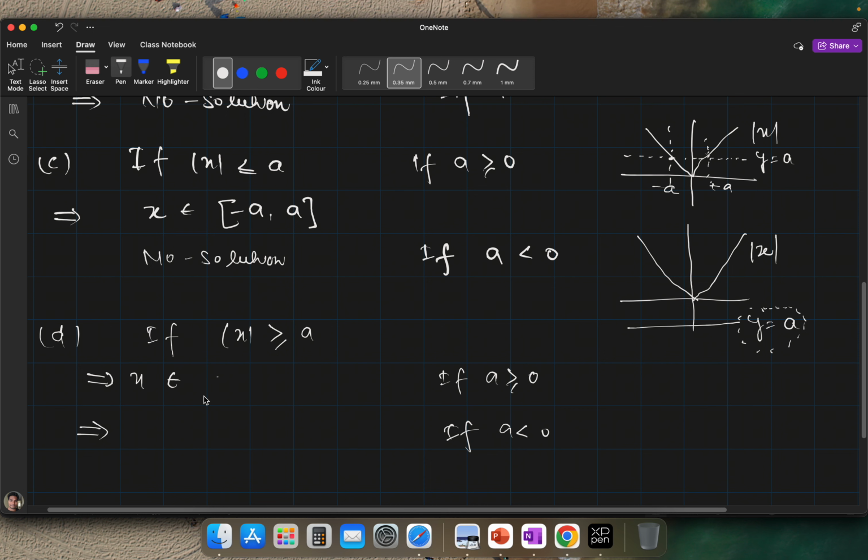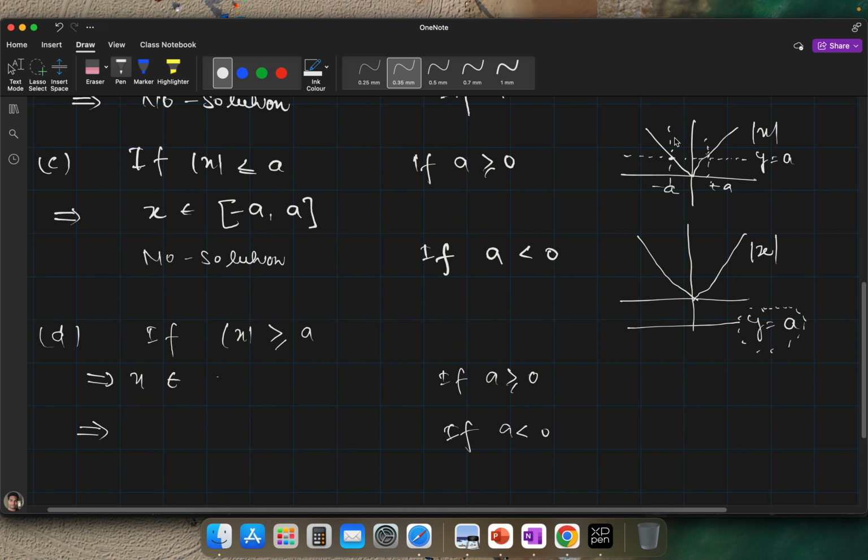All these things are 0 to a. You might have studied all these things in your 11th and 12th. All these things are already in 11th and 12th standard.